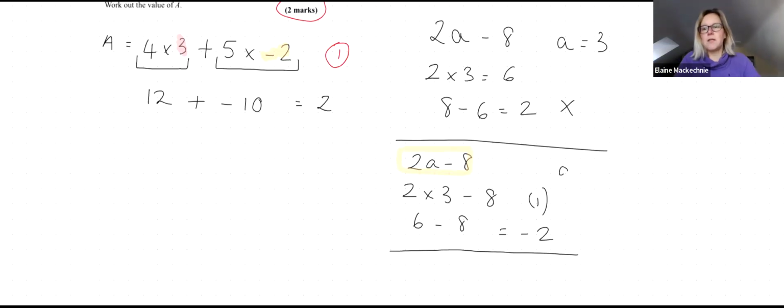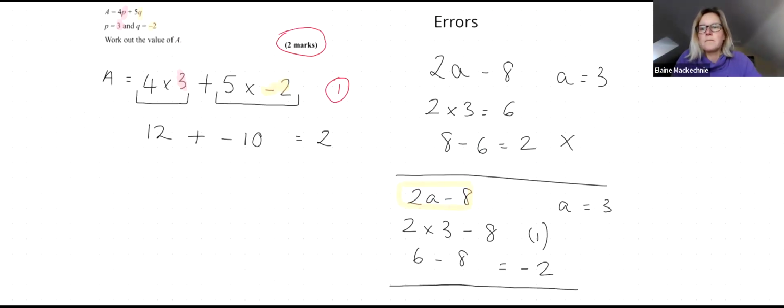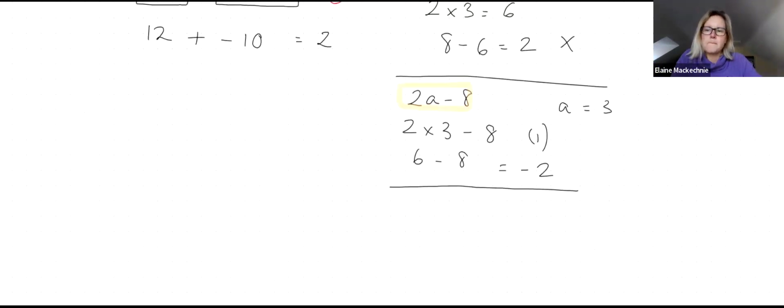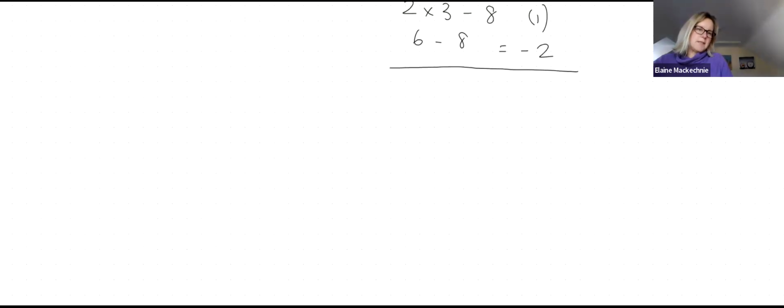Right, okay, now I'm going to show you another error that they might make. And that's when they're squaring. And again, this is down to their negative numbers. Say we need to do a squared, and we know that a equals negative 3.